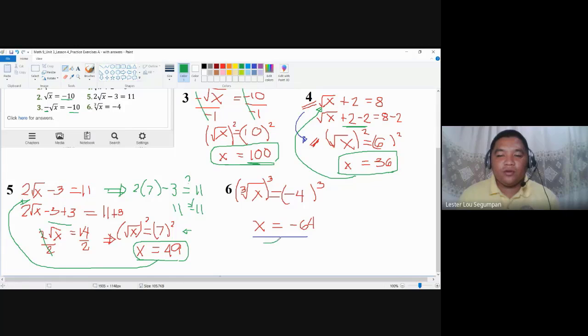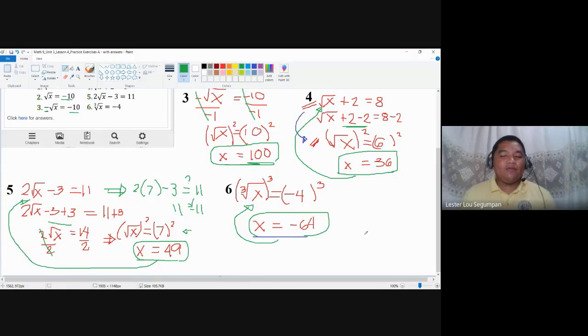When you say cube root of a negative number, that real number exists. Only when it's square root of a negative number does the number not exist. So the cube root of negative 64 is negative 4, since negative 64 is actually a perfect cube of negative 4. So this is a proof that this is actually correct.